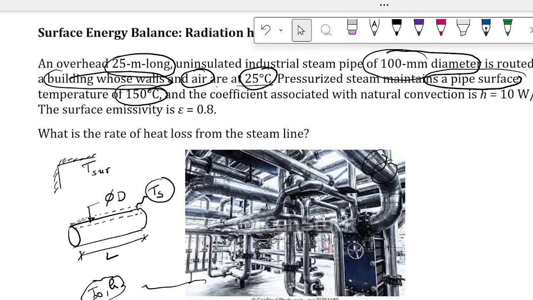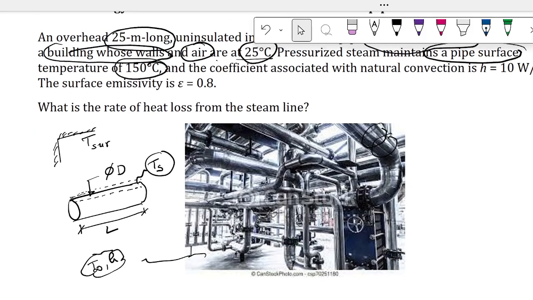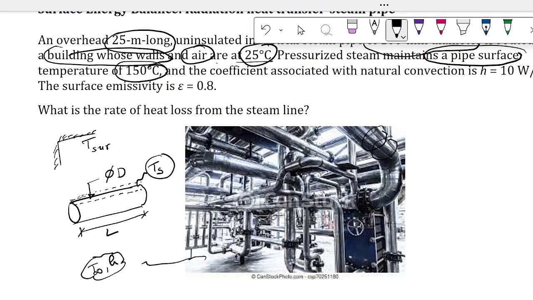They gave you the value of the emissivity. I'm writing it; after some time I won't be writing emissivity every time, I'll put epsilon, which is 0.8. They gave you the diameter of the pipe as 100 millimeter, but we want to convert it to meter, right? So 0.1 meter. And they gave you the length as 25 meter.